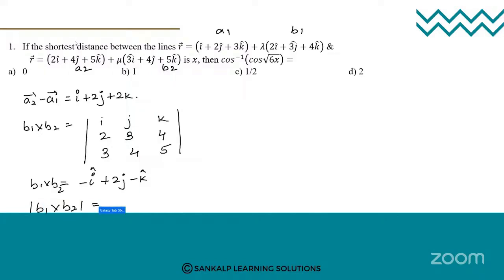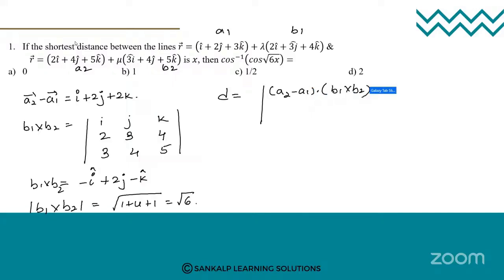So this is 1 4 1, that will be root 6, correct? Okay. What do we need now? d equals a2 minus a1 dot b1 cross b2 divided by magnitude of b1 cross b2.